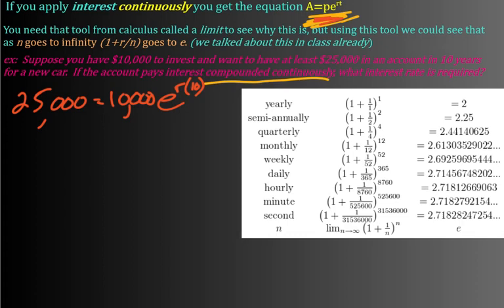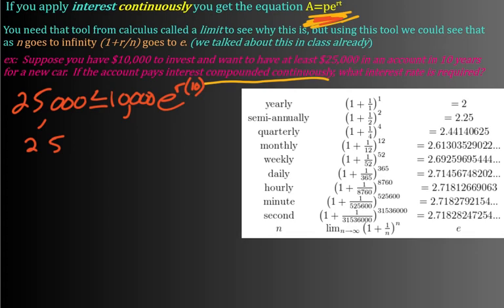So divide out by the 10,000, and we would get 2.5. And I actually could be even more careful here. We said we want to have at least 25,000, so this amount over here can surpass 25,000. So really the best thing to put here is an inequality.